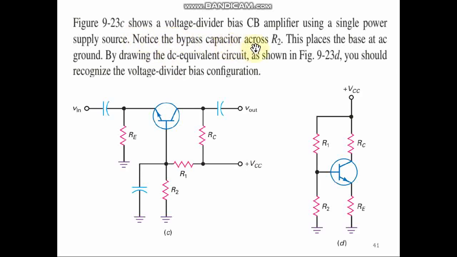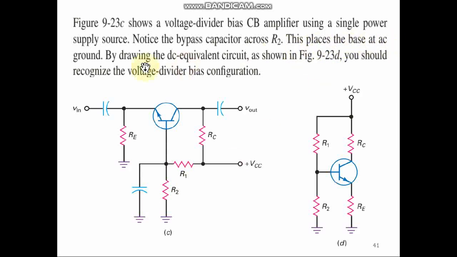Notice the bypass capacitor across R2. With this capacitor we can say the base is connected to ground for the AC, so the base is at AC ground. That is why this is called the common base amplifier.